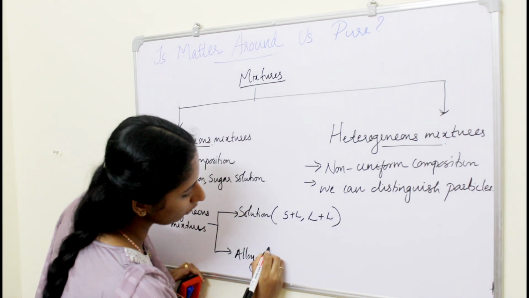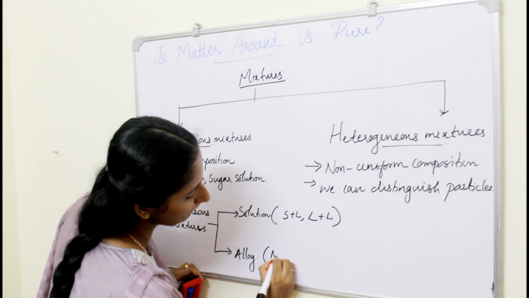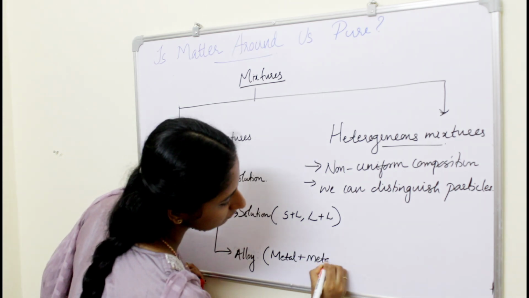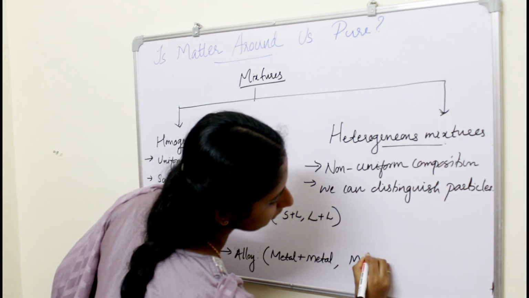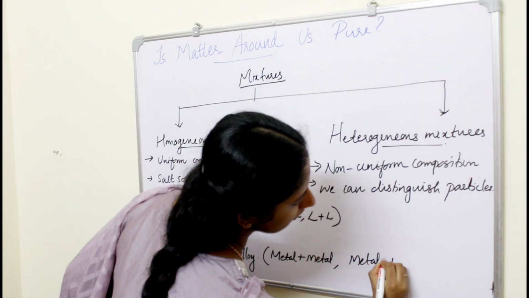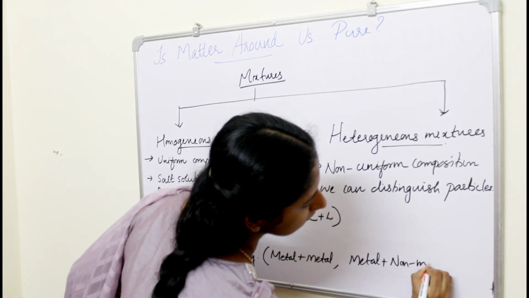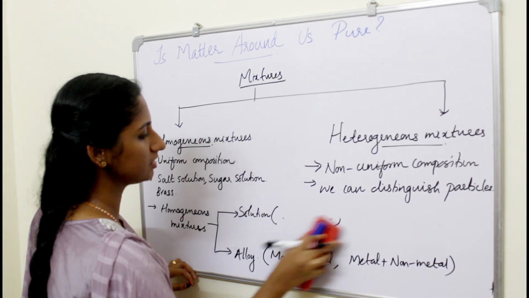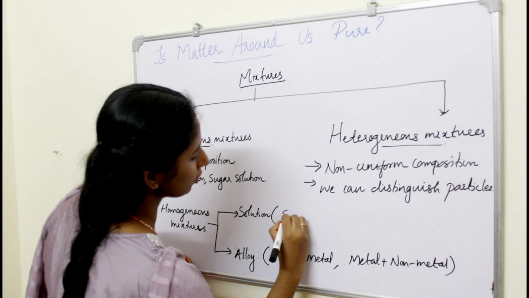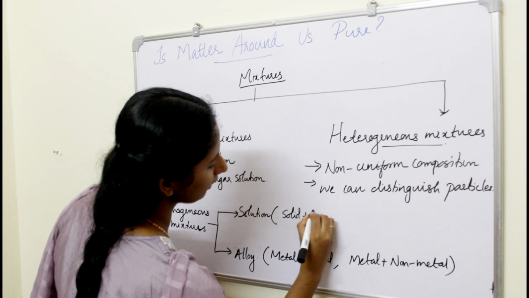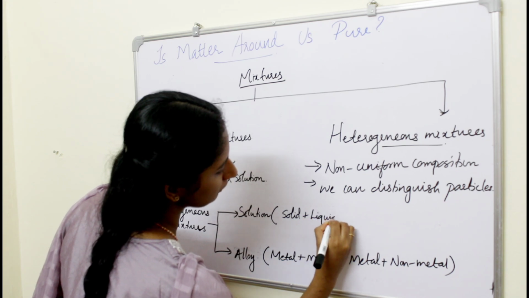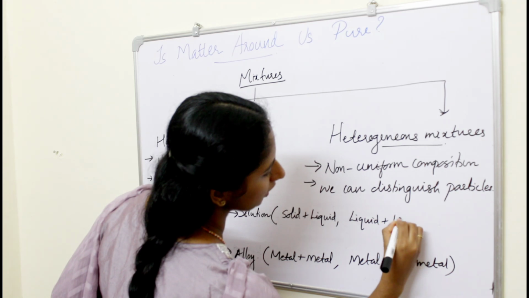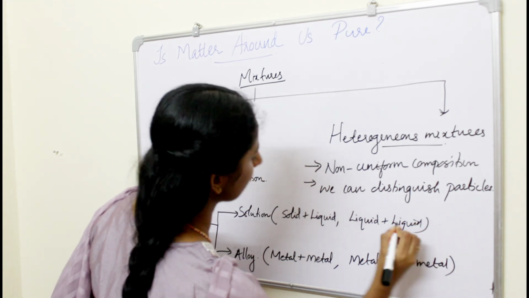In the case of alloys, it is a mixture of metal and metal, or metal and non-metal. Similarly, we can write it here: this is a combination of solid plus liquid, or liquid plus liquid.